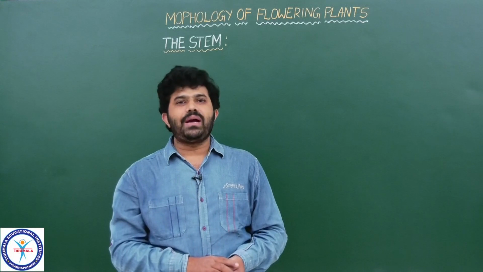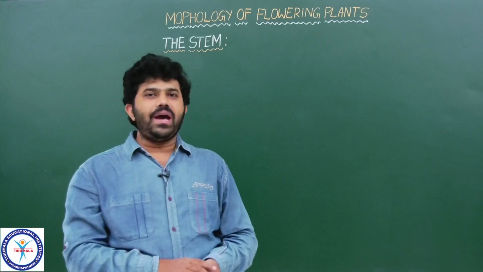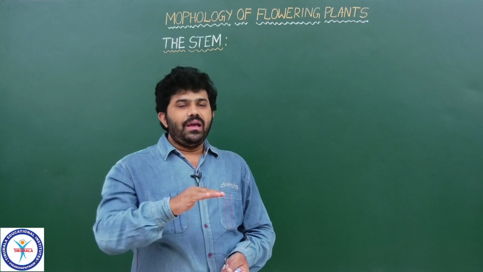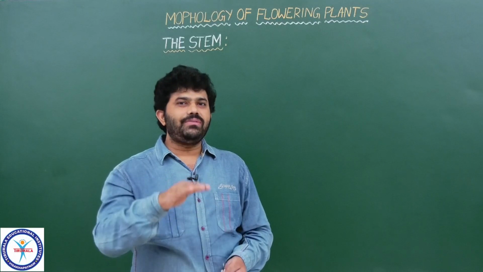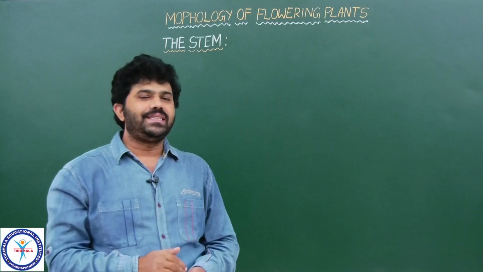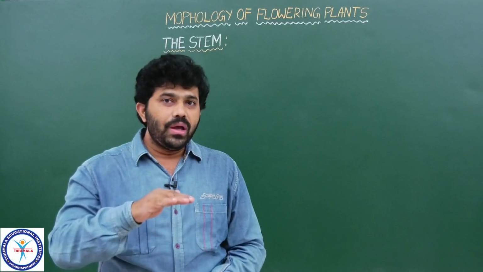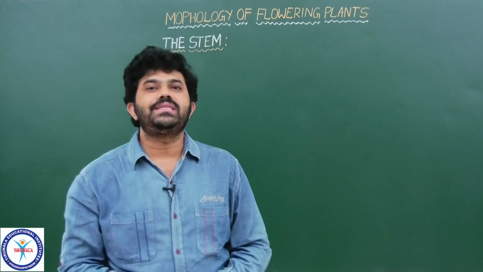Already we have completed the discussion of the root system. Now we are going to discuss another part of the plant axis, the part which comes out of the soil and grows towards the light, above the soil or above the ground, and is called the stem.